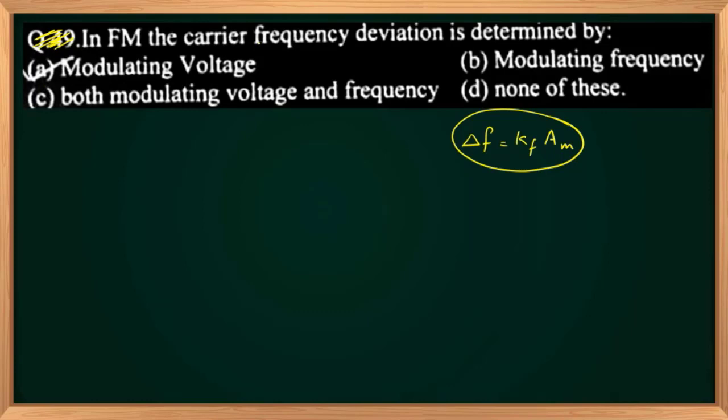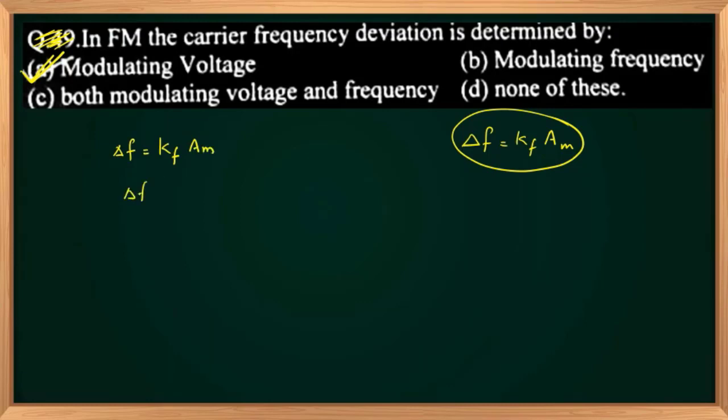But if the question is, in FM, the modulation index is determined by both modulating voltage and frequency. So in this case, frequency deviation is determined by modulating voltage only. The correct answer is option A, modulating voltage, because delta F is given by KF, a constant value, into the amplitude of the modulating signal.